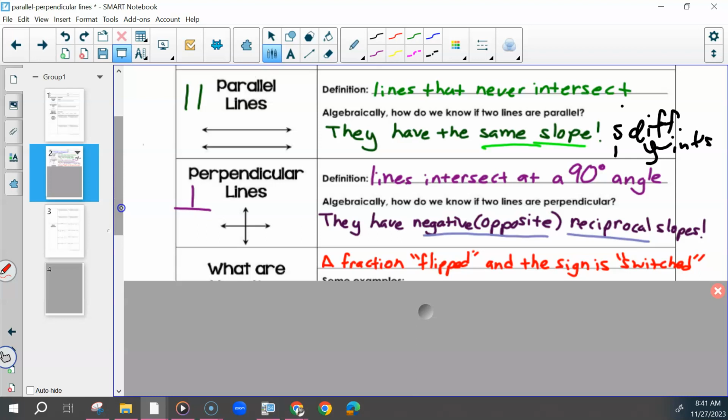This is the symbol for perpendicular lines, an upside down capital T. And the definition for negative reciprocal slopes is fractions that are flipped and the sign is switched. When you finish writing that, we're going to talk about some negative reciprocals.